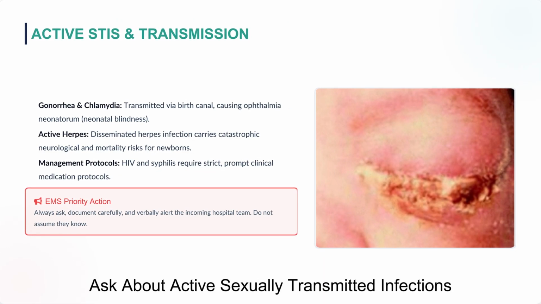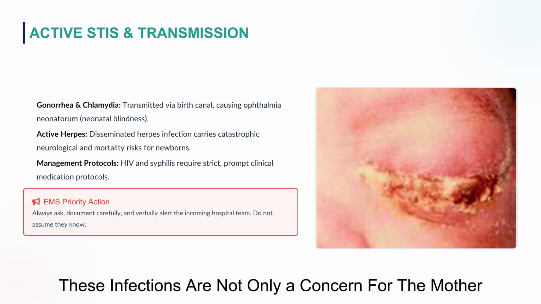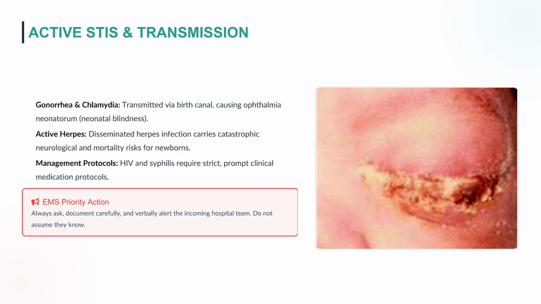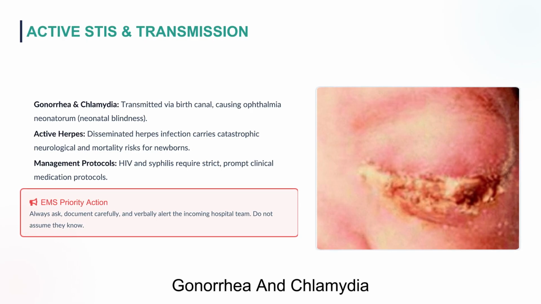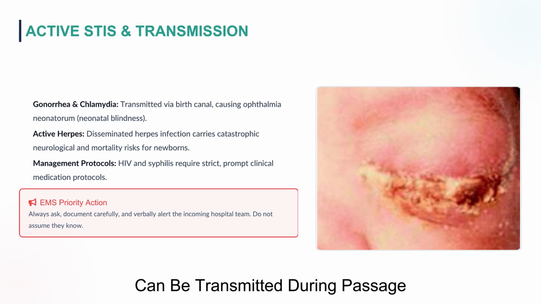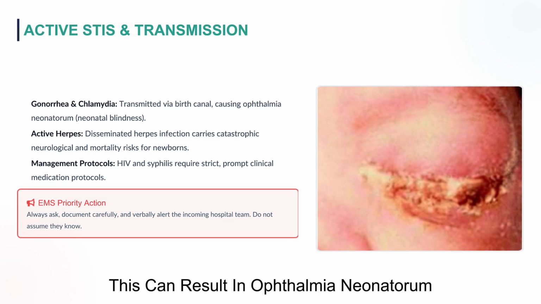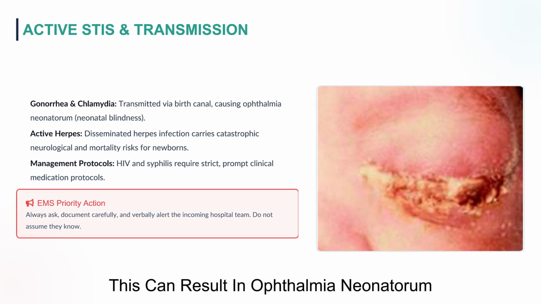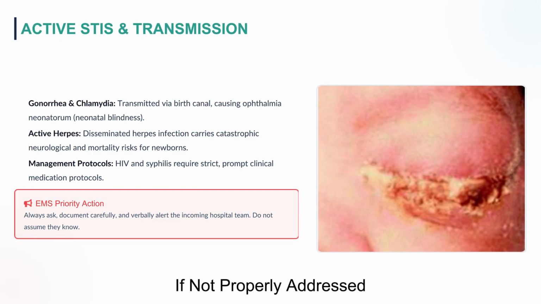Finally, ask about active sexually transmitted infections. These infections are not only a concern for the mother, they can also have serious consequences for the baby. Gonorrhea and chlamydia can be transmitted during passage through the birth canal and may infect a newborn's eyes. This can result in ophthalmia neonatorum, a condition that can lead to permanent blindness if not properly addressed.